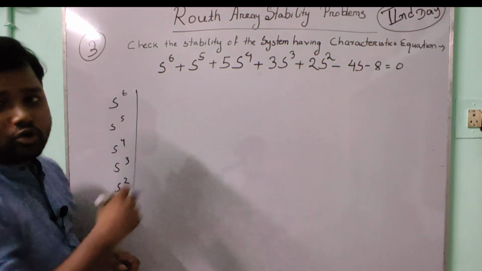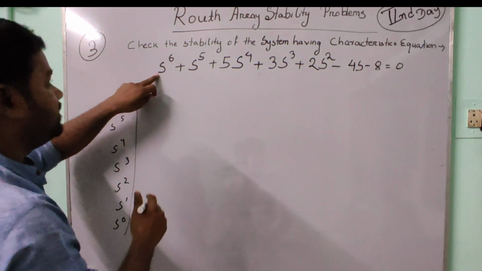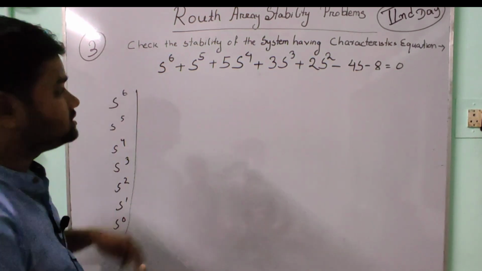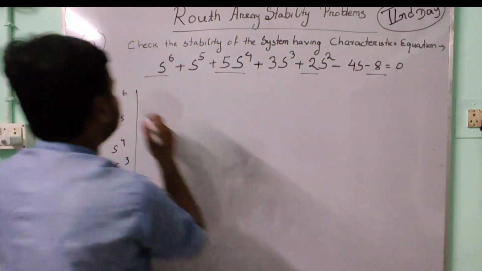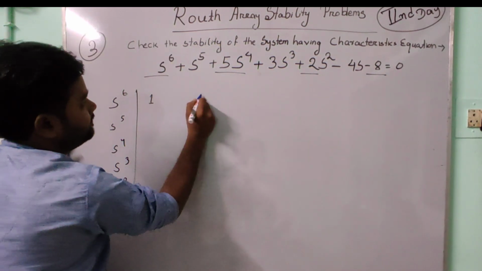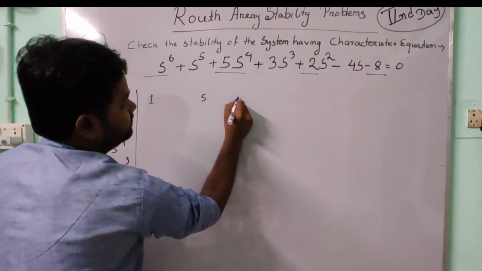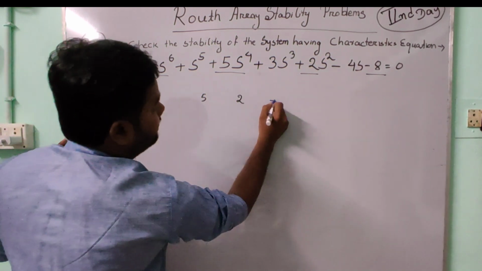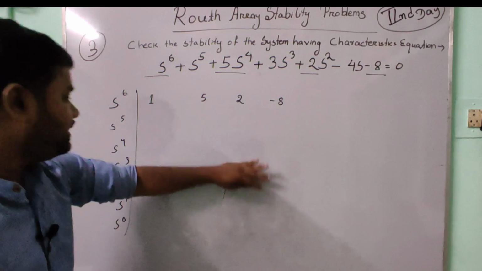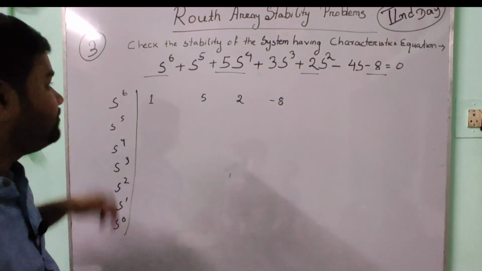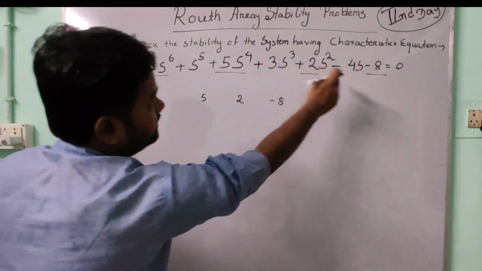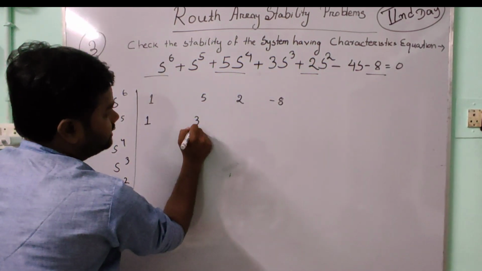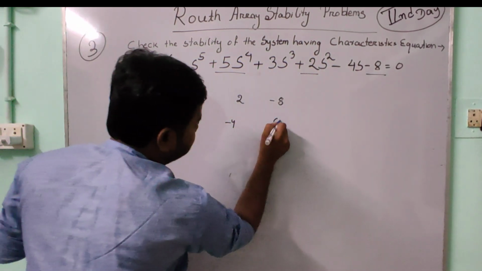The first row takes the odd power terms, so the values will be 1, 5, 2, -8. Next, for s^5, the values will be 1, 3, -4 and 0.